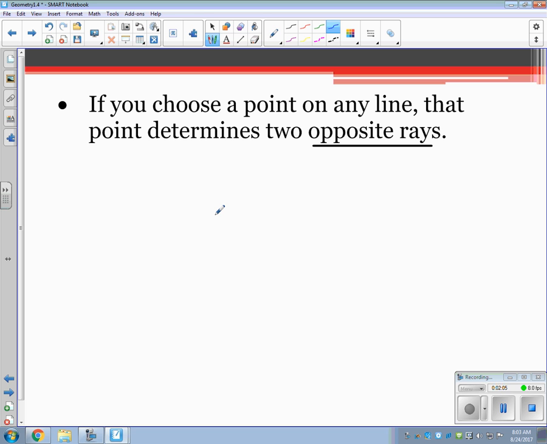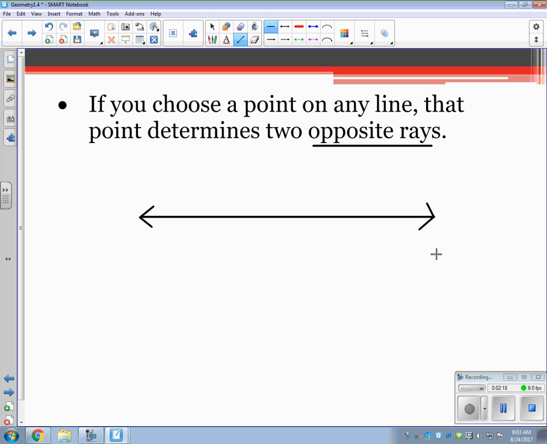If you choose a point on any line, that point determines two opposite rays. And to illustrate this, we are going to draw a line, arrows on both ends, and then anywhere of your choosing, place a point on that line. And then as you can see, as soon as we did that, we immediately created two rays.